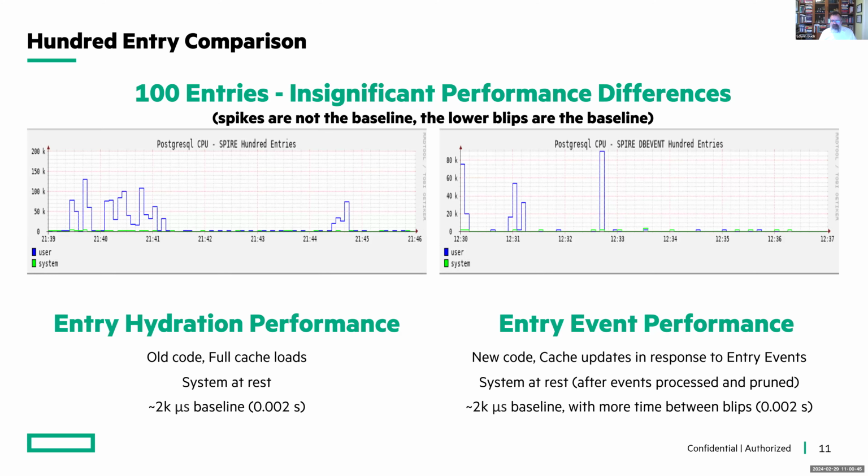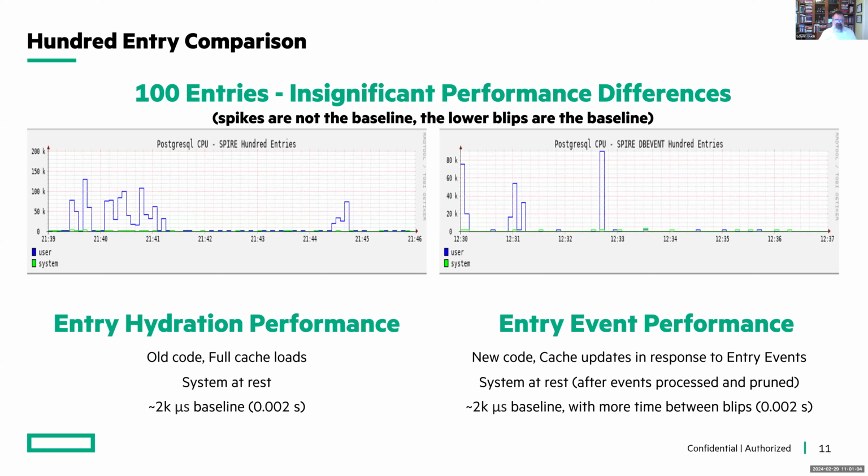What we are actually interested in are these really low blue ticks that are near the baseline. And that's because that represents the actual amount of overhead that the database has to sustain due to the frequency of the polling.